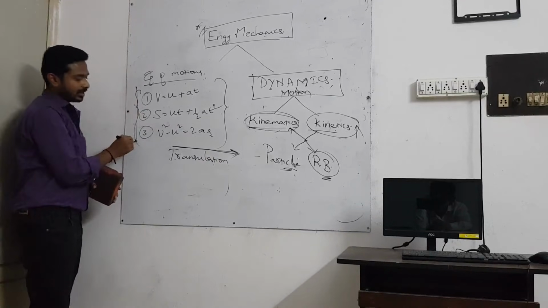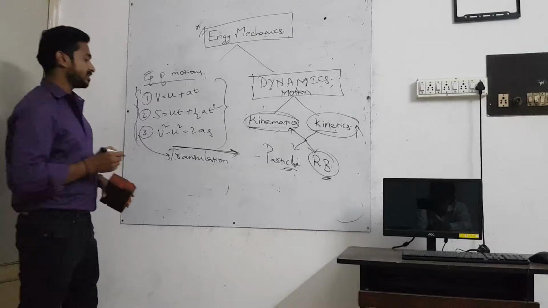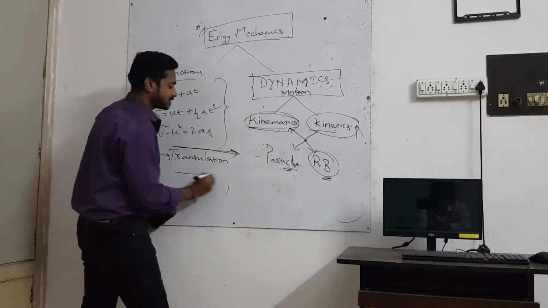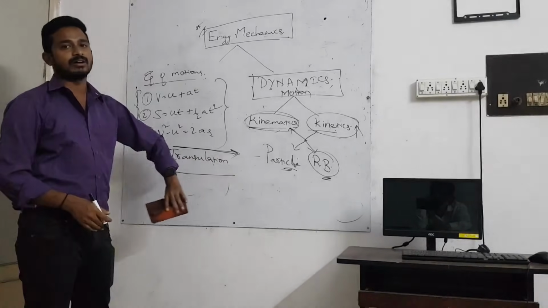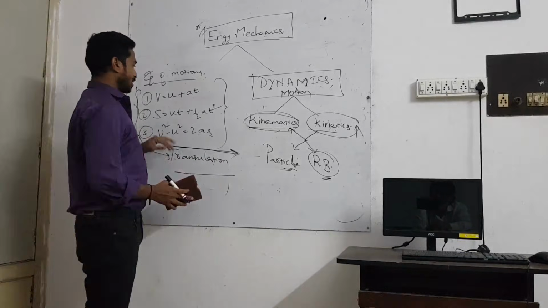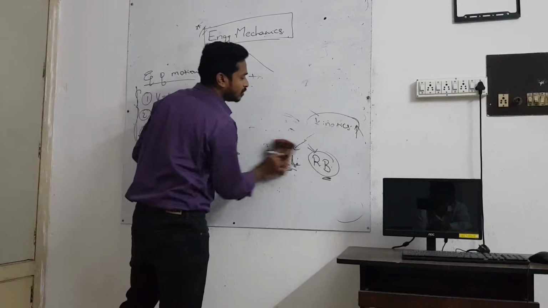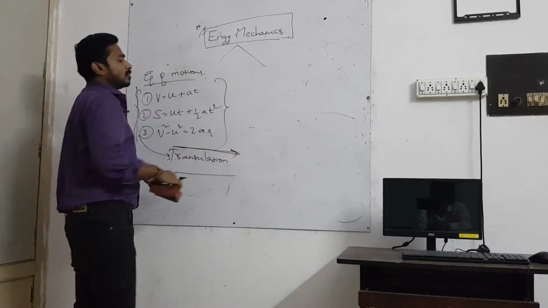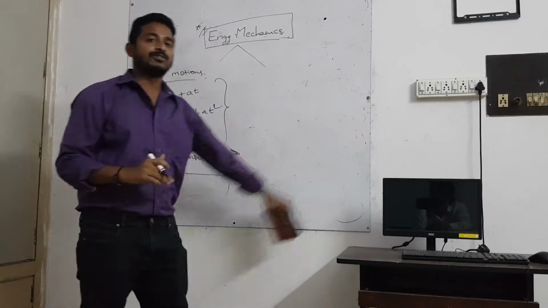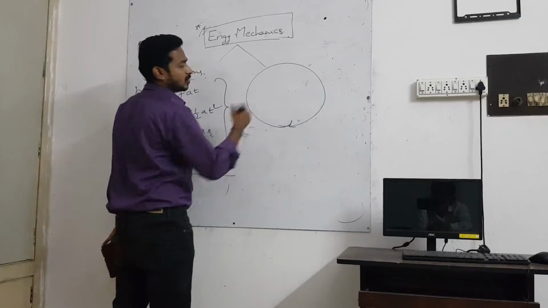These three equations will be under translation. Translation means the body is moving in a straight path without taking any curves or circular paths. But no doubt, the body will not move only in translation. It will move in a circular path also.